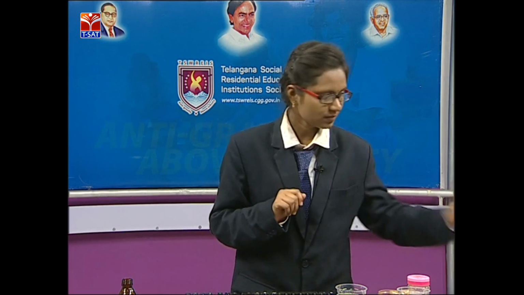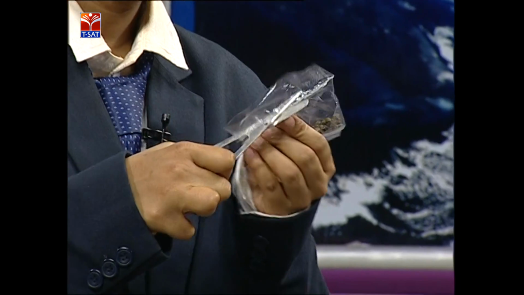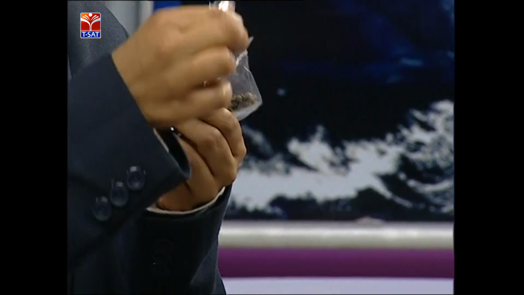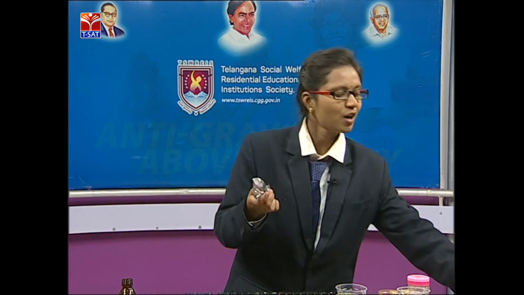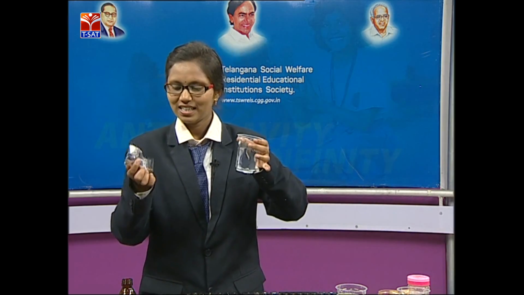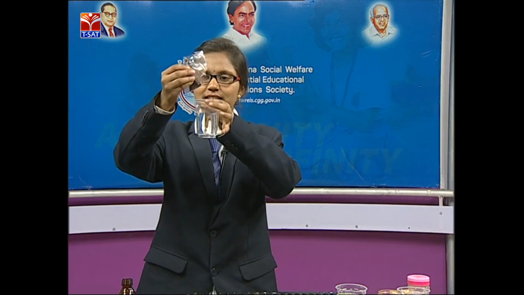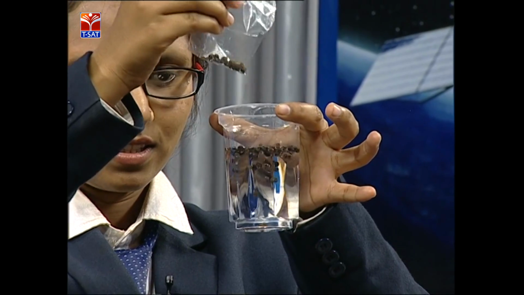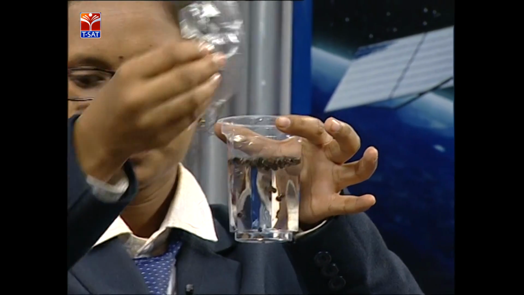Let us go with a live test for this. Here friends, now I am taking adulterated black peppers. See here friends. Here now I am taking a glass of water. Now I am adding this sample to this water. See here.